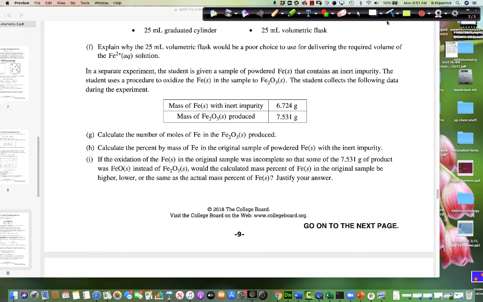Calculate the number of moles of the iron in the Fe2O3 that's produced. Okay, so essentially we took this mixture, we reacted it out, we created this. This is what we measured at the end, and we're trying to see how much iron created this. Well, okay, so the first thing, we have a mass of that. So we're going to take our mass of the iron oxide, go to moles. Well, how many moles is that?